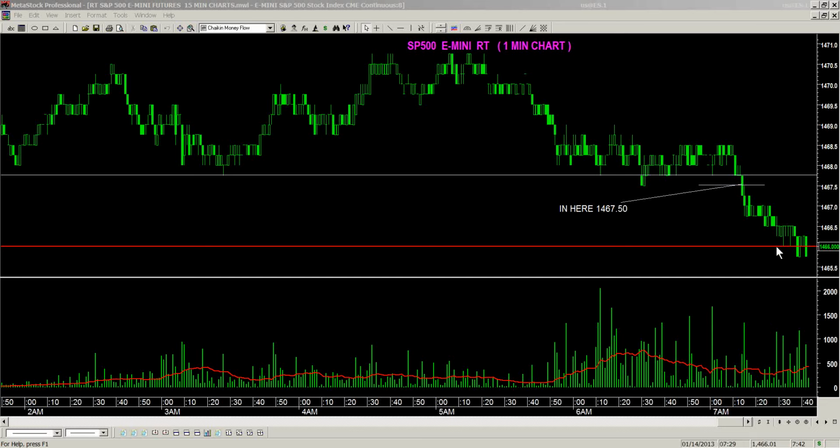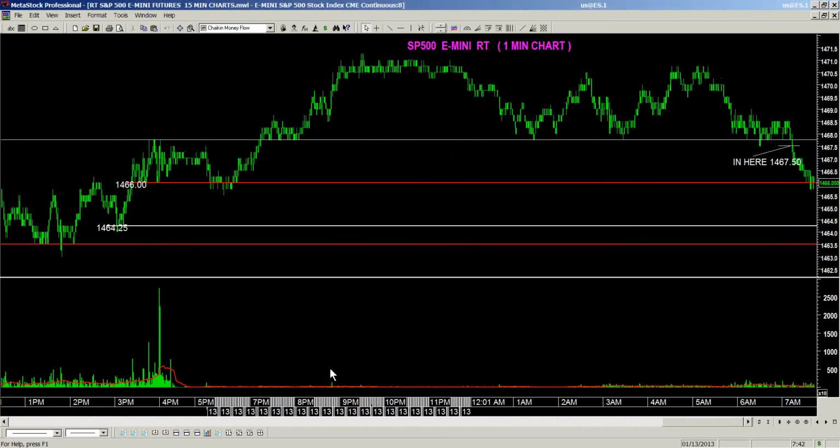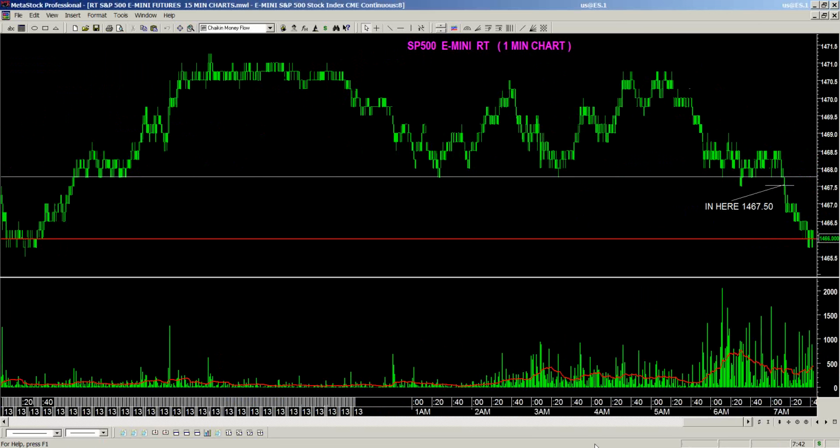Okay, we have traded below the level laid out at 1466 on a 1-minute chart, as determined by these prices right here.